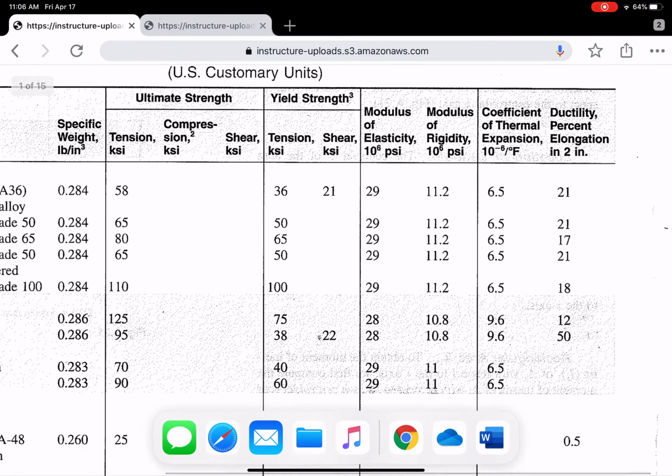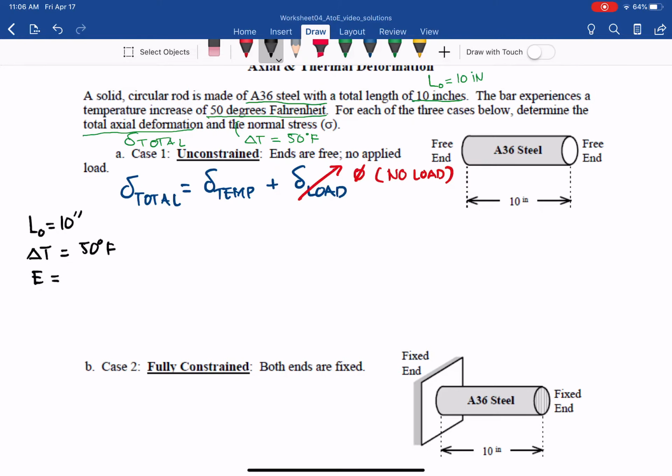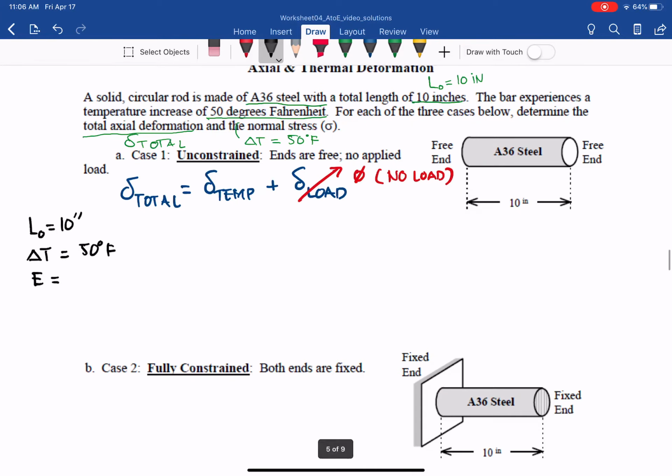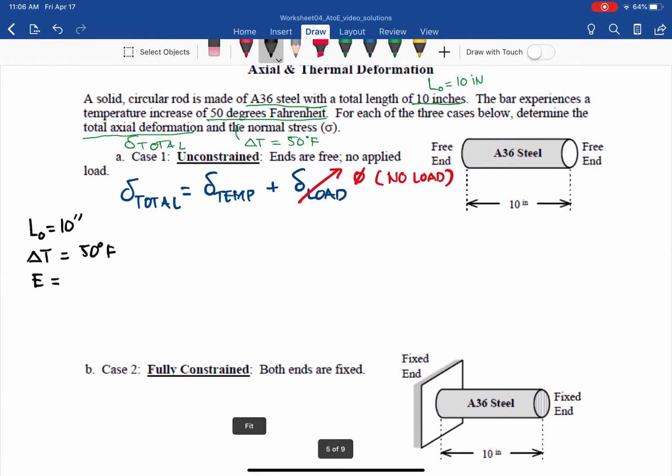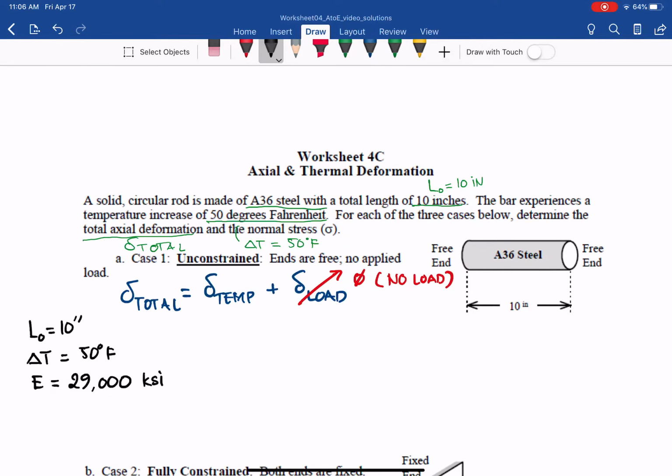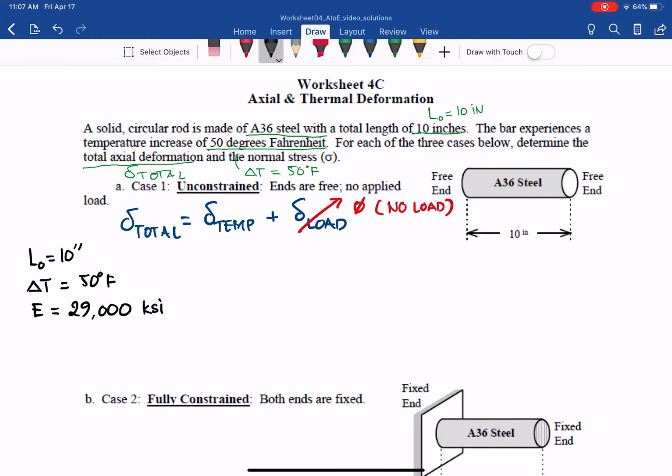From that, we go back to the solution here. E equals 29,000 ksi, because that is 29 times 10 to the power 6 psi. And alpha T, the coefficient of thermal expansion, equals 6.5 times 10 to the power negative 6 per degree Fahrenheit.